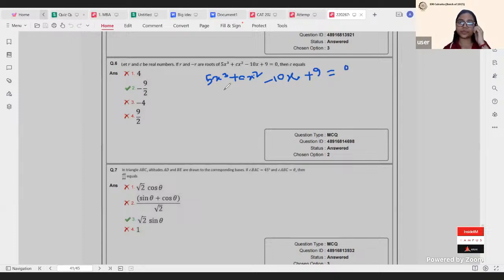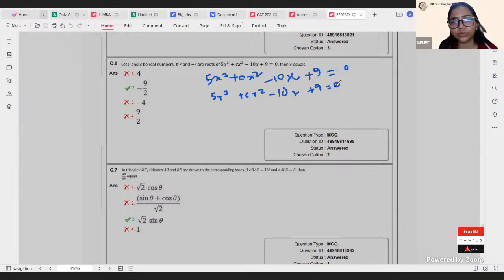And so here, primarily, we go ahead with 5r cube plus cr square minus 10r plus 9, right? Because it is a root, it should satisfy the condition. This 9 equals to 0.